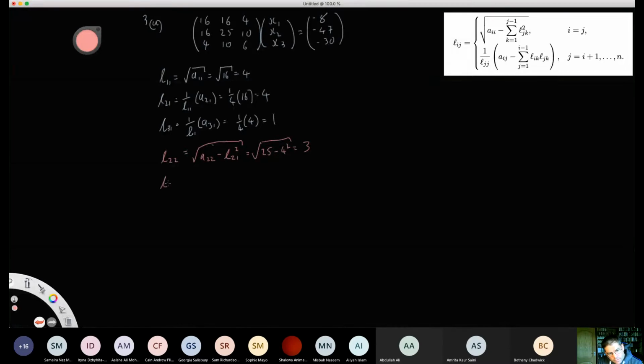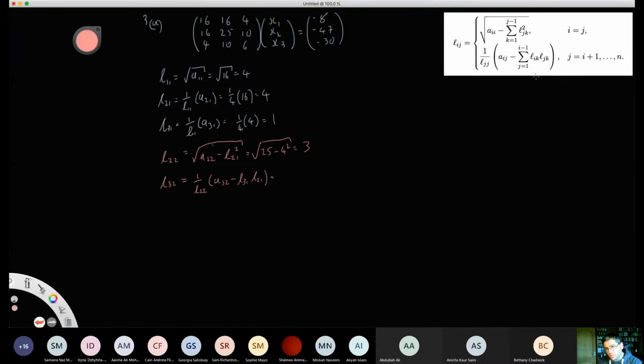Okay, and we've got L32, and that's going to be the second case. So that's going to be 1 over L22. I'm going to have A32 minus L31, L21. So L31, because I is 3, K is 1, and J is 2, so that's going to be L21.